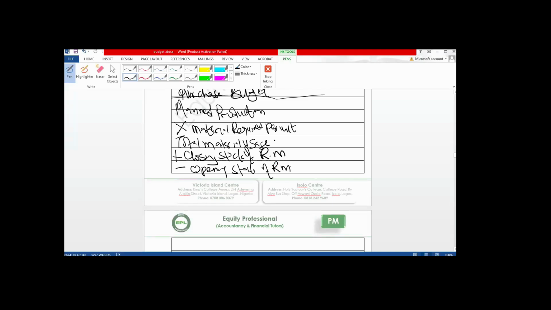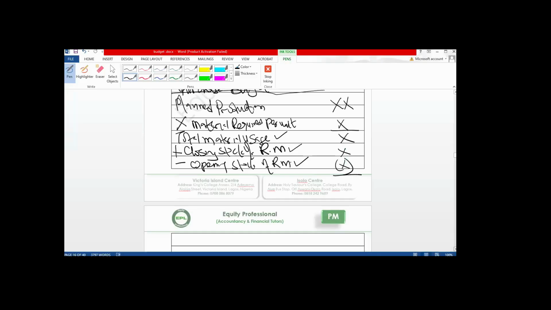Your material usage plus closing stock of raw material minus opening stock of raw material will give you material purchase budget.